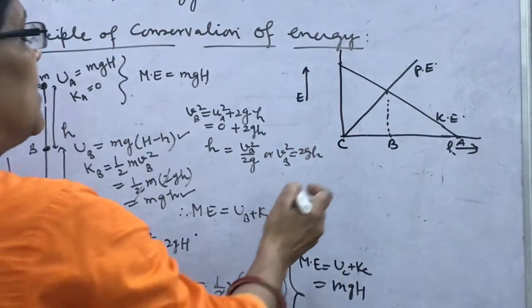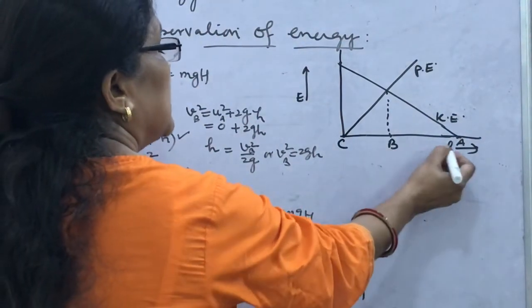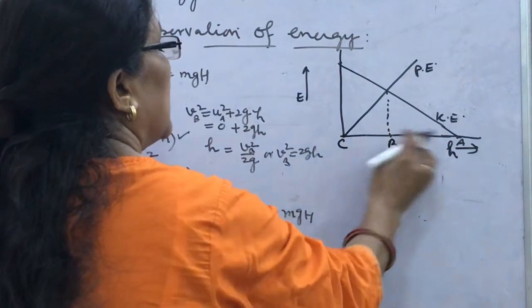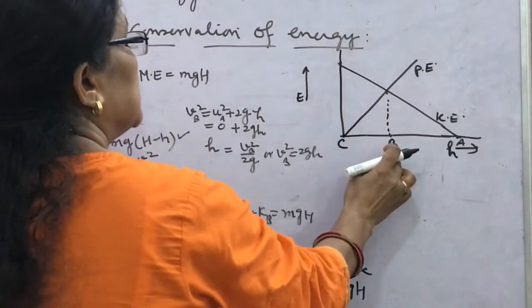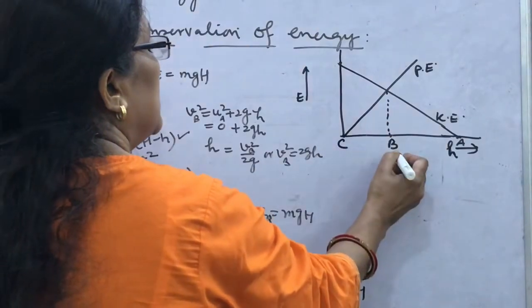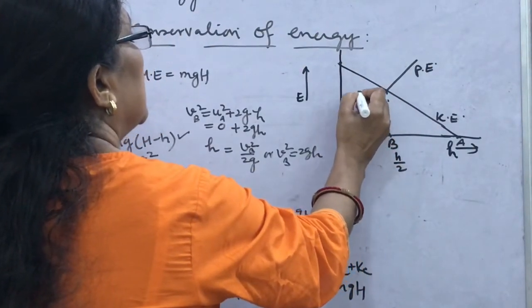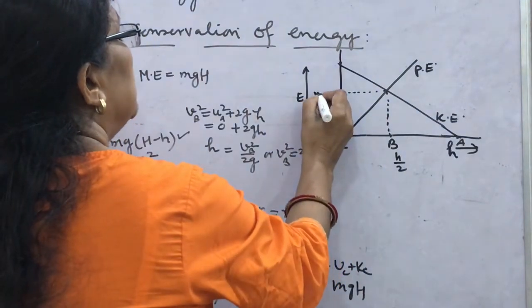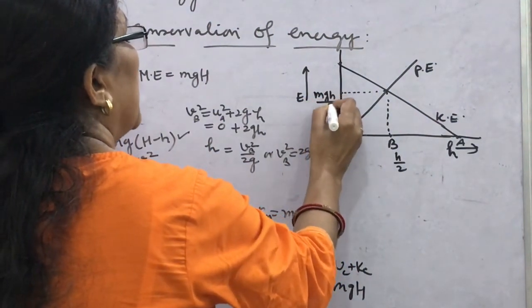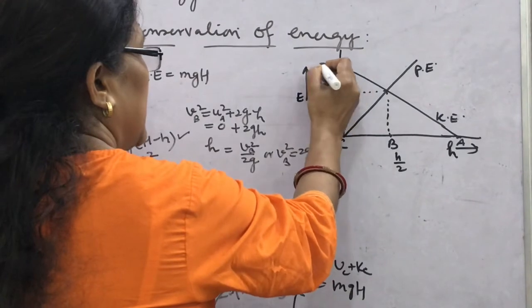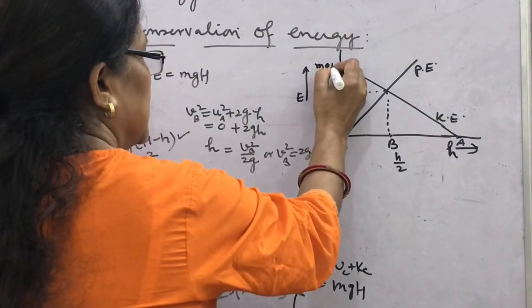Look here, total height at A is h, then suppose here at B the height is h by 2, and then the energy will be mg h by 2. What will be the energy here? This mgh.